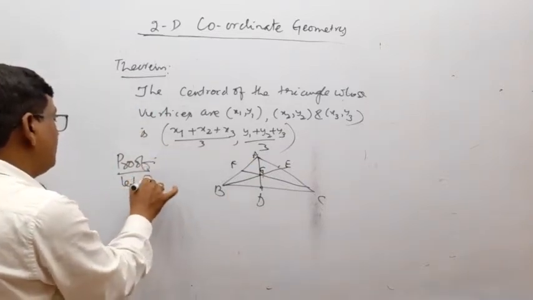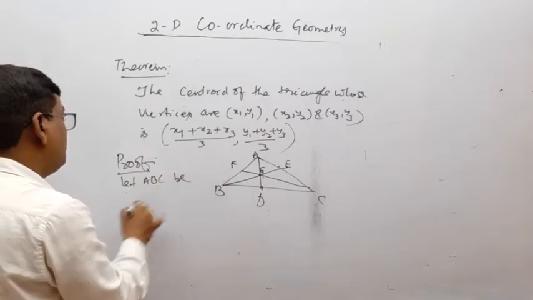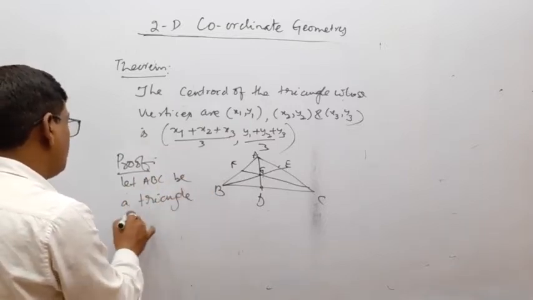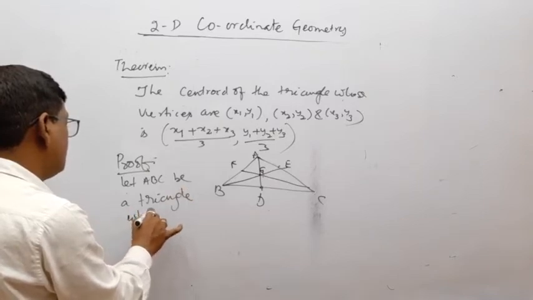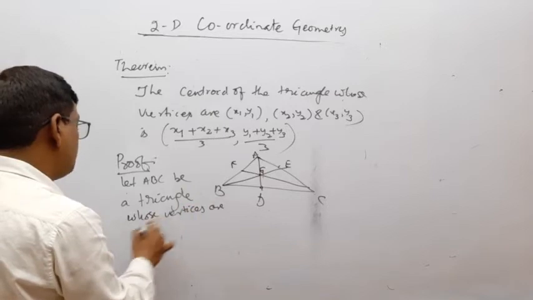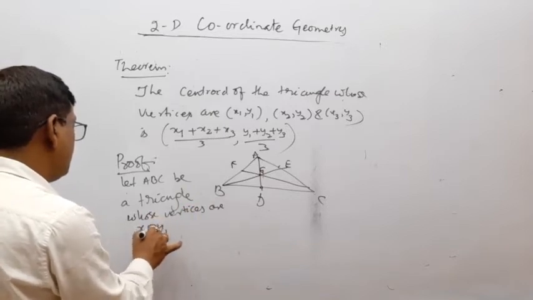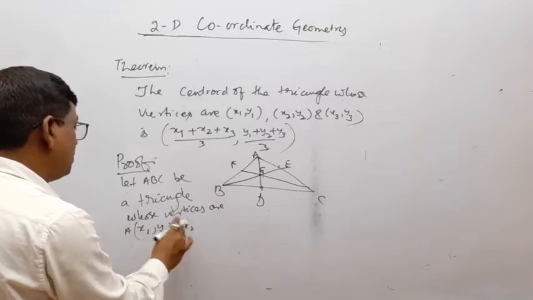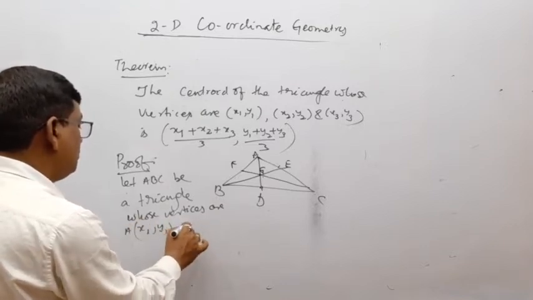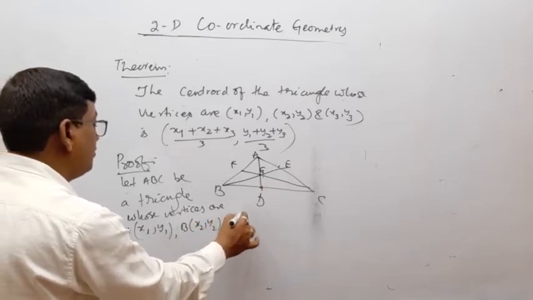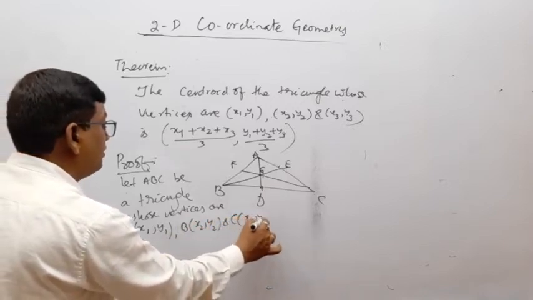Let ABC be a triangle whose vertices are A of x1 y1, B of x2 y2, and C of x3 y3.